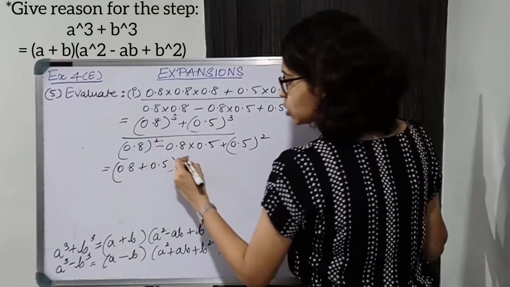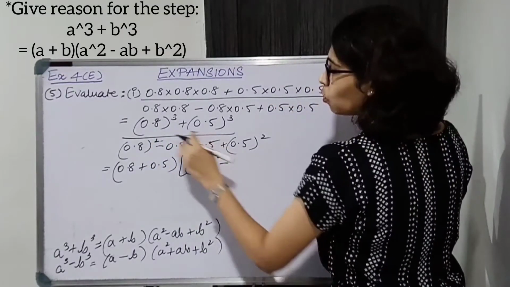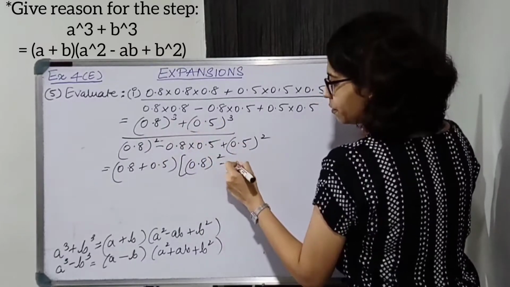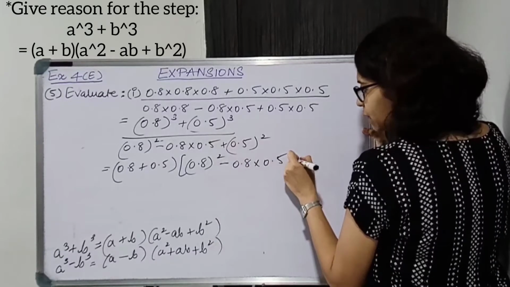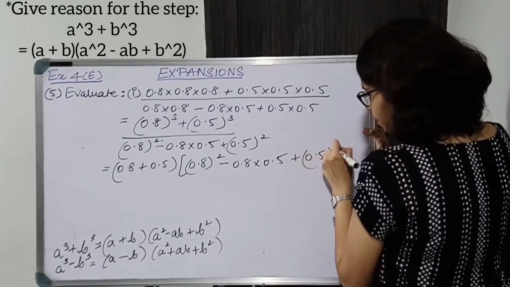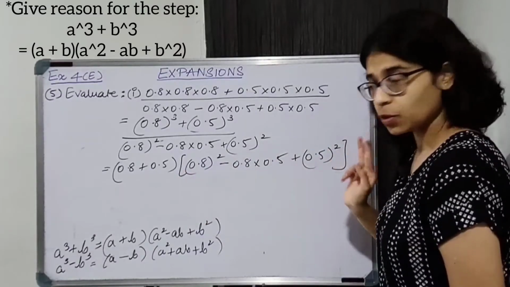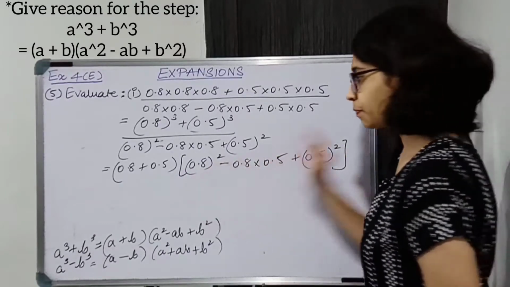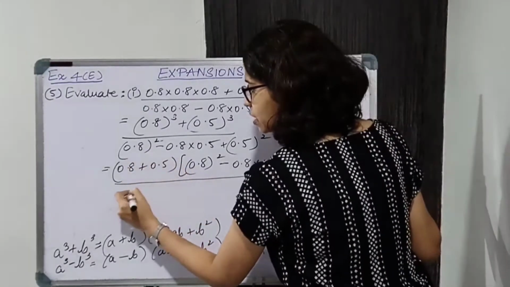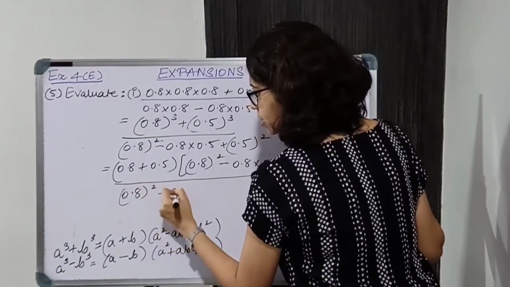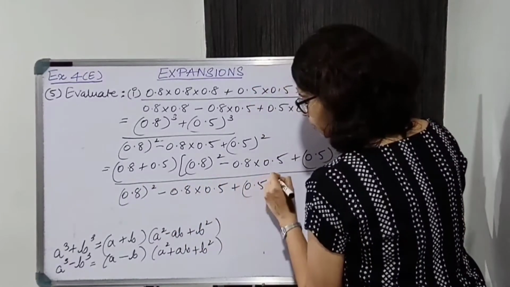So 0.8 square minus AB, so 0.8 into 0.5 plus B square, that is 0.5 square. Okay, please put box brackets. Okay, now in denominator we have 0.8 square minus 0.8 into 0.5 plus 0.5 square.